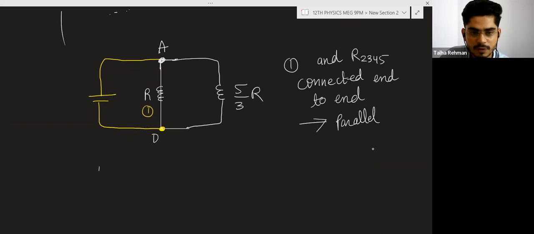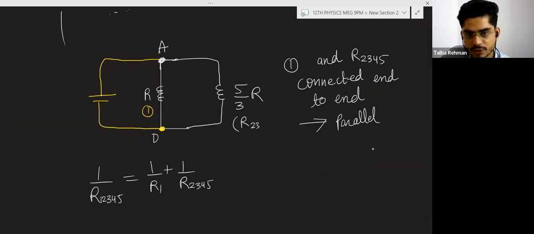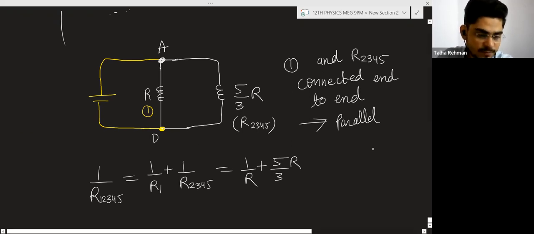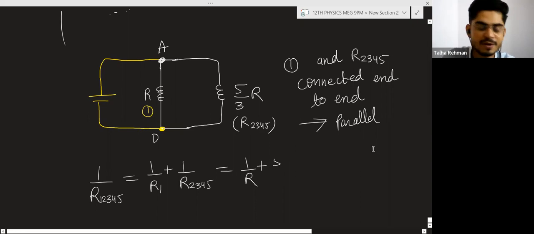So now you can find 1 upon R1,2,3,4,5. This is 1 upon R1 plus 1 upon R2,3,4,5. Now 1 upon R1 is 1 upon R, and this is 5 by 3R. Now we can solve this. We will take the reciprocal of this. This is 5R by 3.